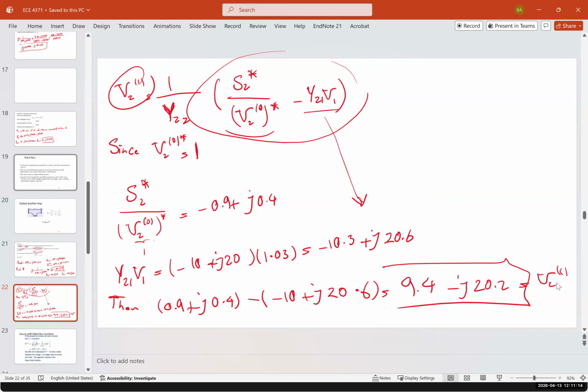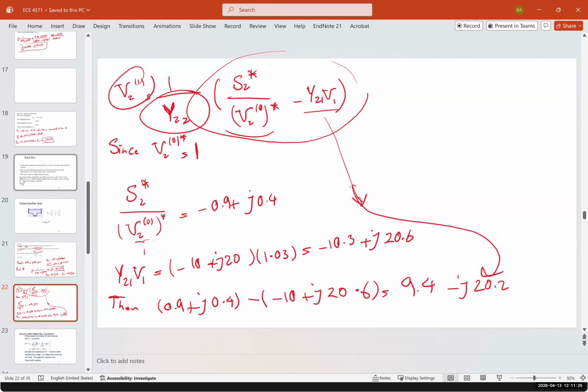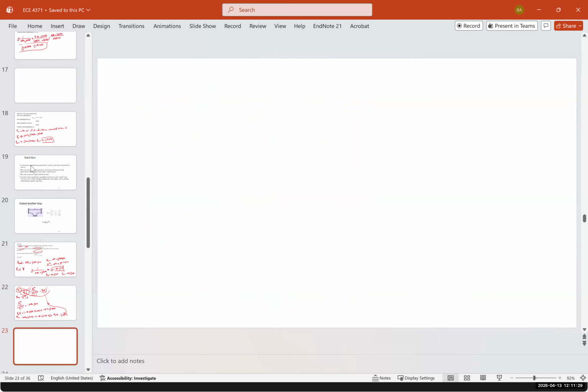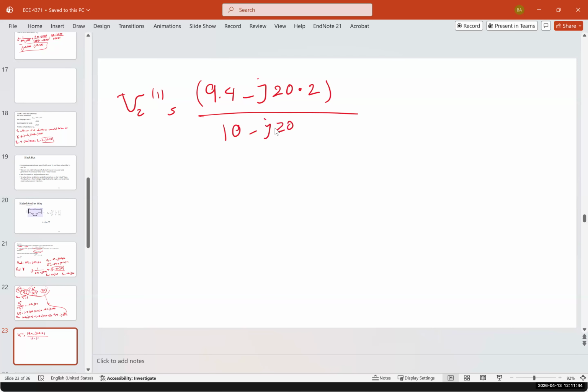Oh, by the way, I'm sorry, this gives us this part. I forgot one step. And then we have to divide it by Y22. So V2(1) gives us 9.4 minus j20.2 divided by 10 minus j20.